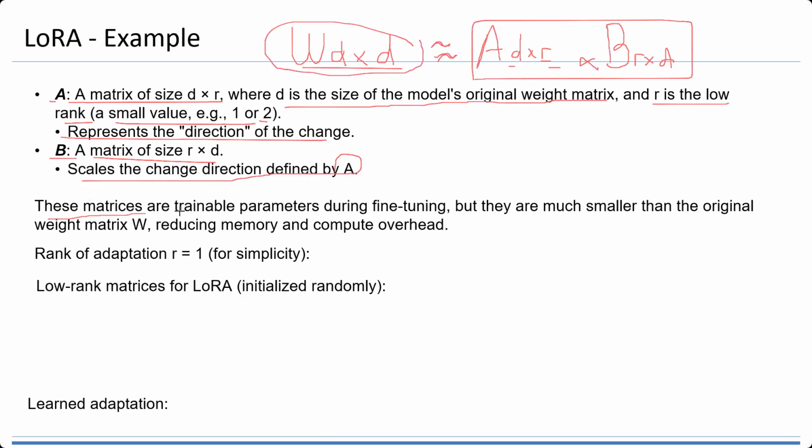So these matrices are trainable parameters during the fine-tuning, but they are much smaller than the original weight matrix W. So we can reduce the memory and compute overhead.